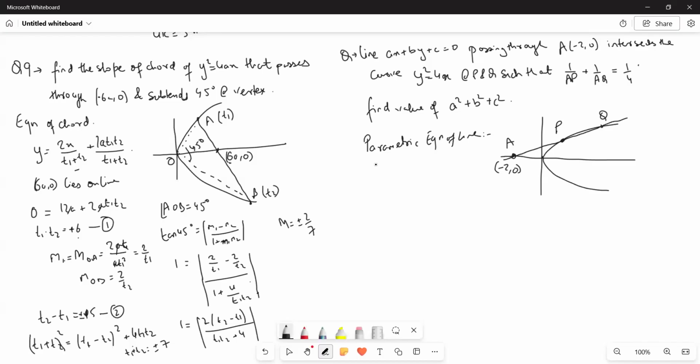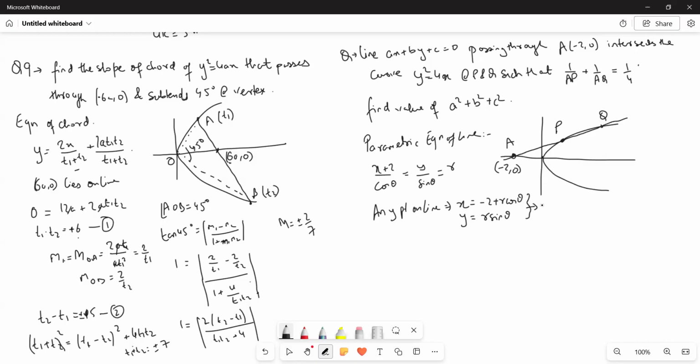It can be written as (x plus 2)/cos theta is equal to (y minus 0)/sin theta is equal to r. So any point on the line will be x is equal to minus 2 plus r cos theta and y would be r sin theta.